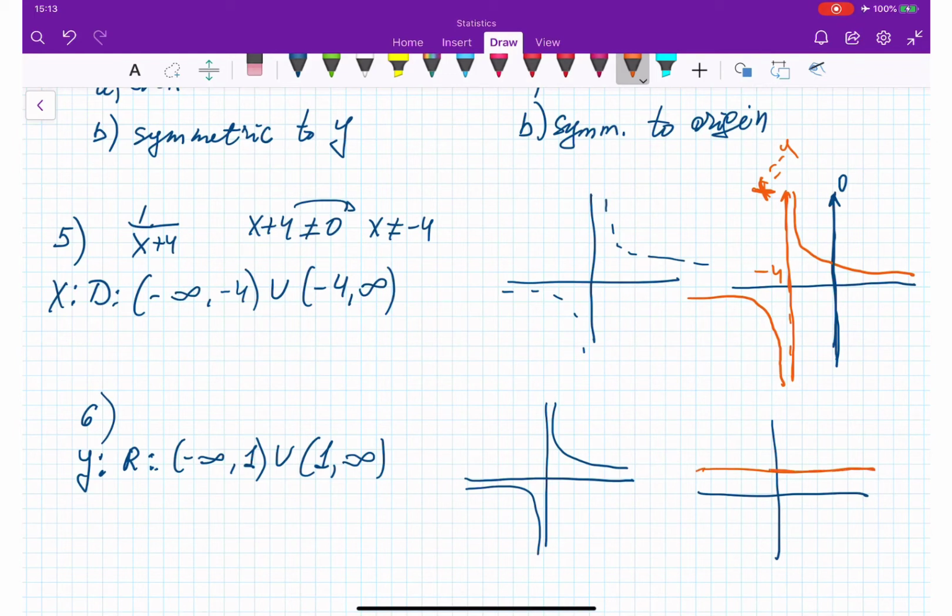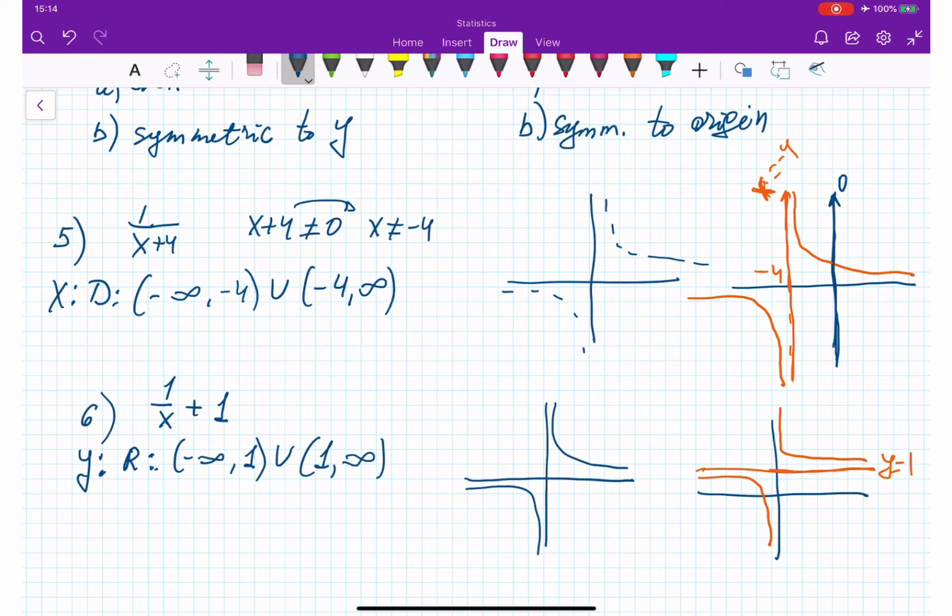This is our y is equal 1. And the graph will look like this. Algebraically, this graph will look like 1 over x plus 1.